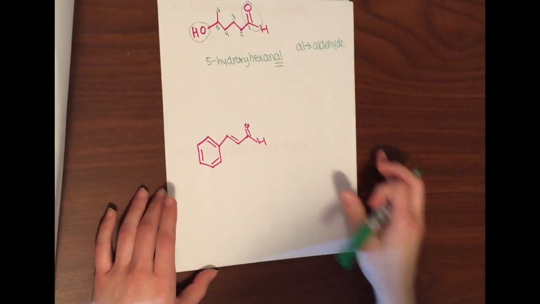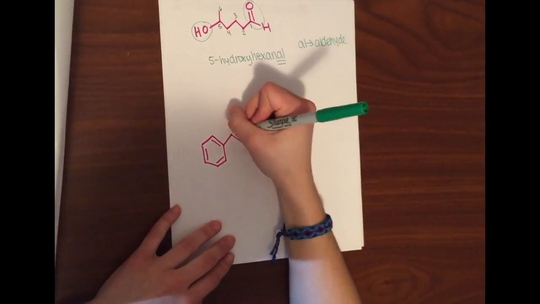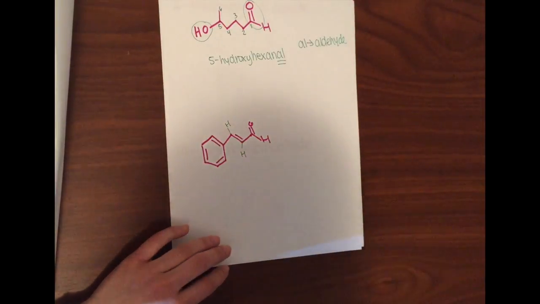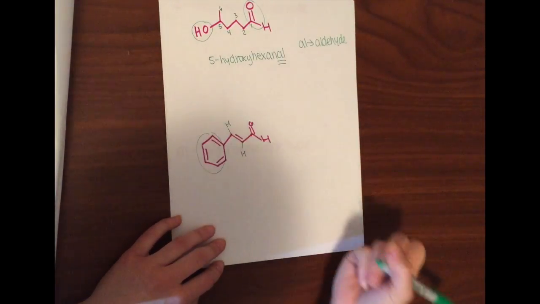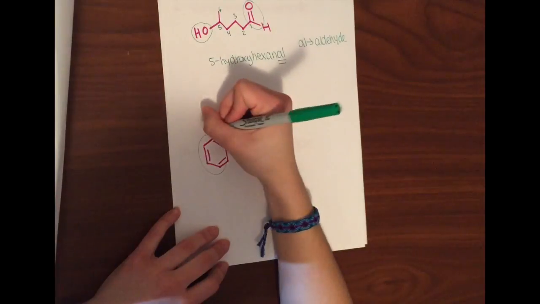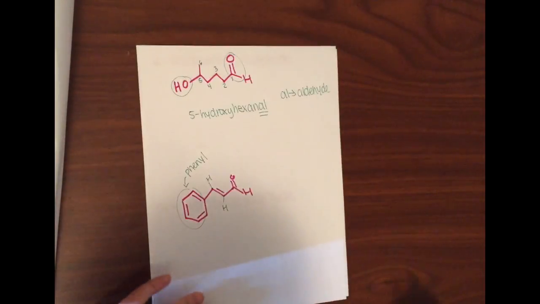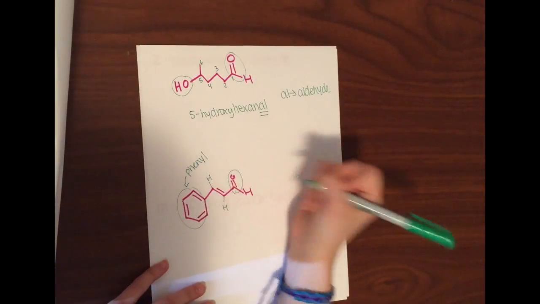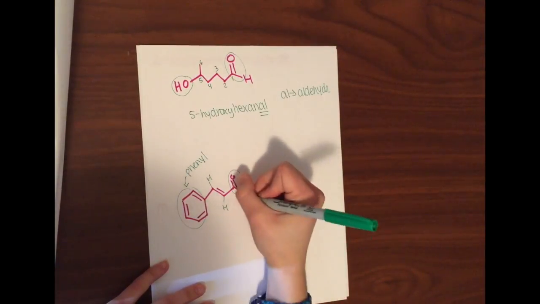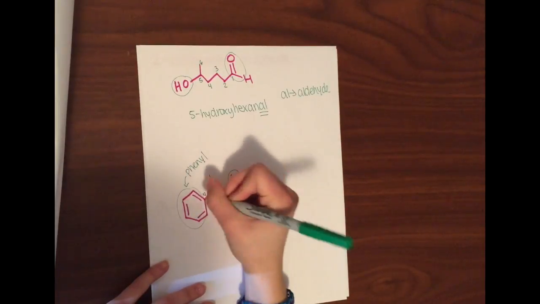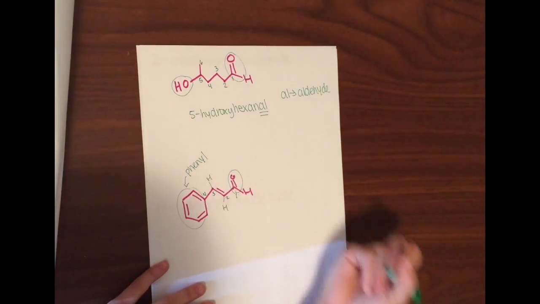Alright, and this one right here, it's important to recognize that there are hydrogens on either side of this double bond. We see the benzene ring, also called a phenyl group. And using that phenyl group, and here is our aldehyde, there's our carbonyl carbon. So we number from there, and that would be 1, 2, 3, and then the phenyl group.